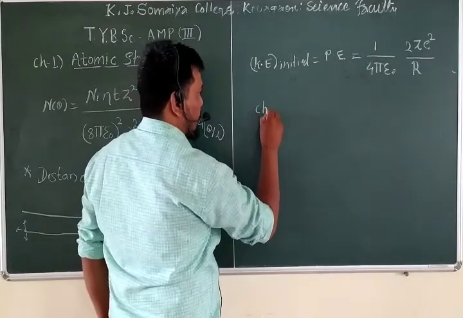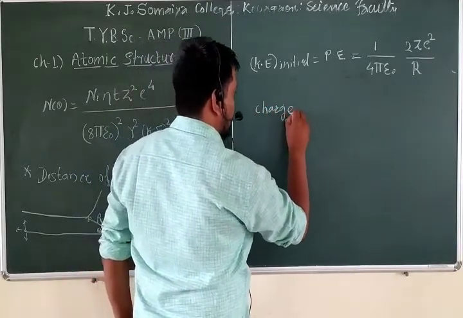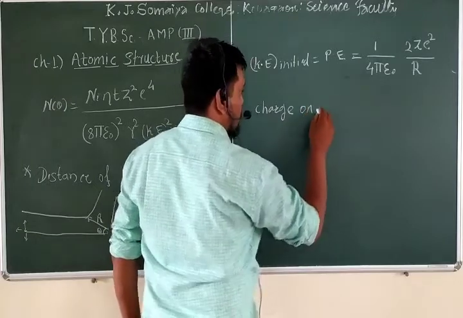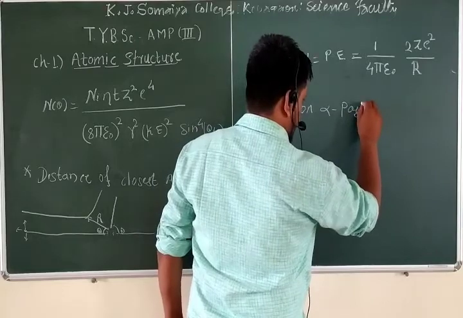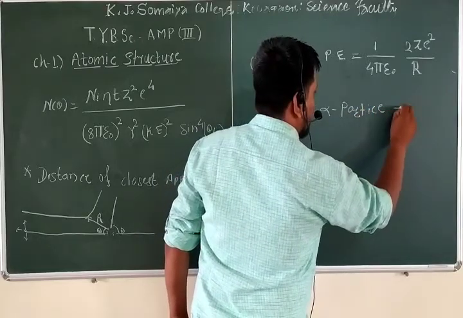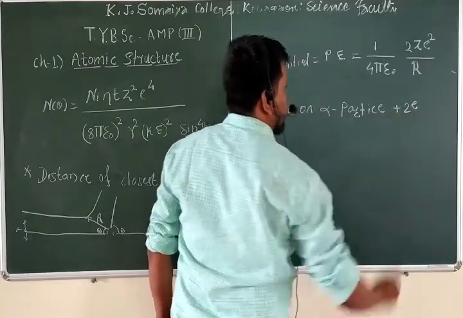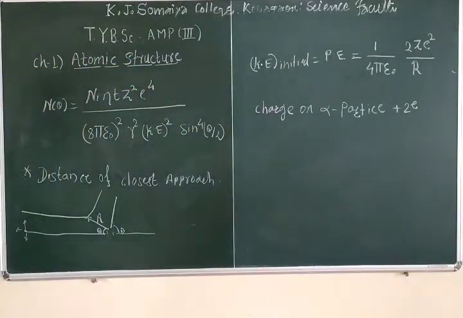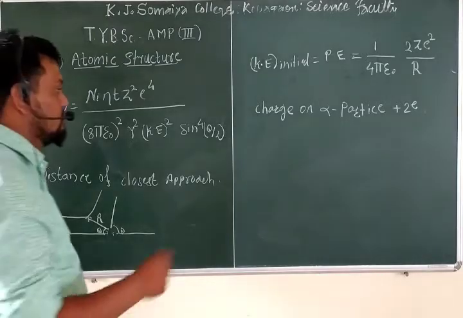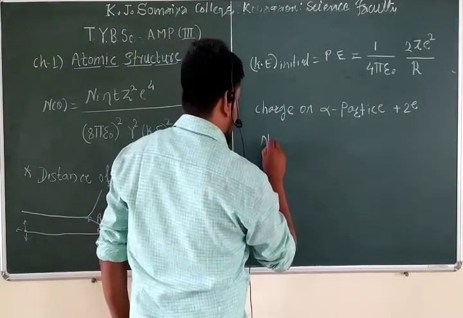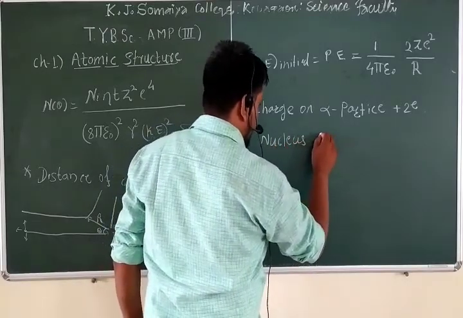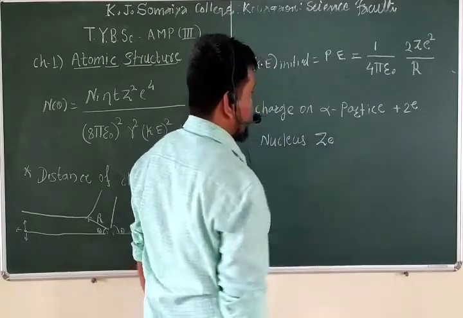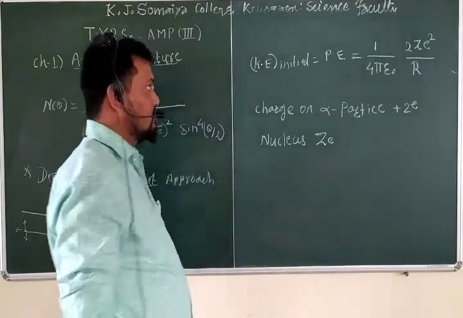The charge on the alpha particle, as you know, is +2e, and the charge on the nucleus of the atom is Ze.